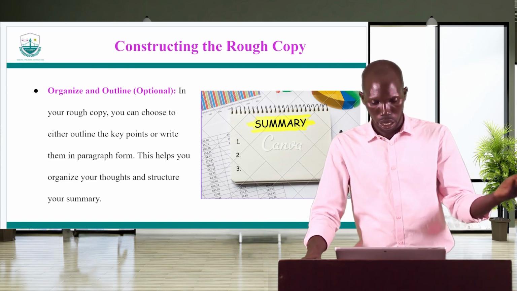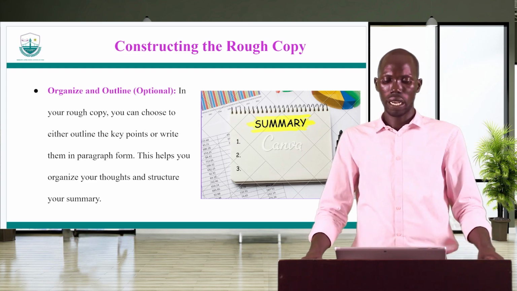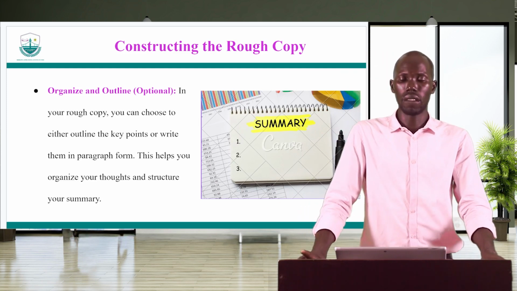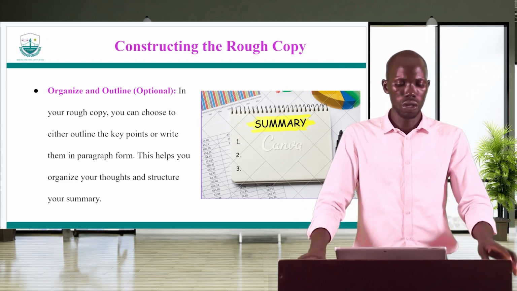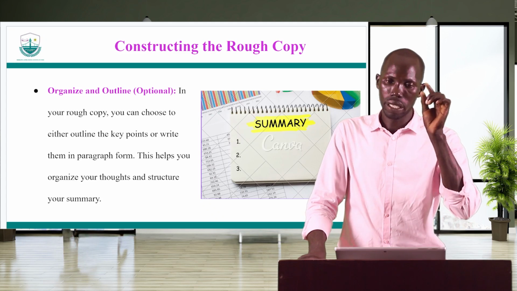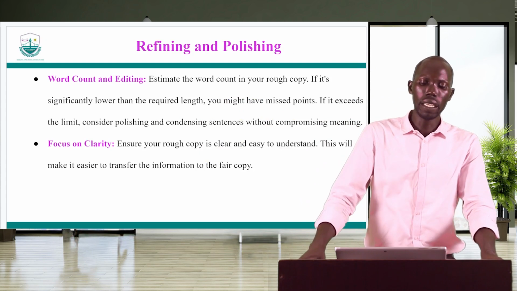You can choose any one of that form. And this can help you organize your thoughts and structure of your summary without difficulty. So the rough should either be in bullet form, or you can paragraph the main points that the prompt requires you to respond to.